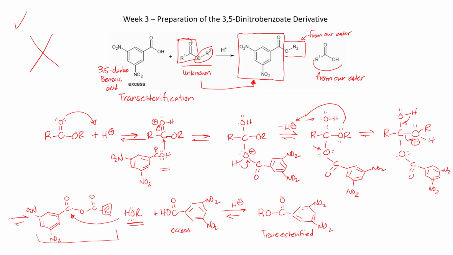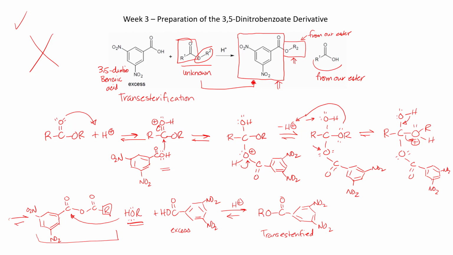So that's how we write the mechanism. It's not a clean mechanism by any stretch of the imagination, and there would be better ways to do this. So the idea here is that this 3,5-dinitrobenzoate ester has the R alcohol from the original ester molecule.